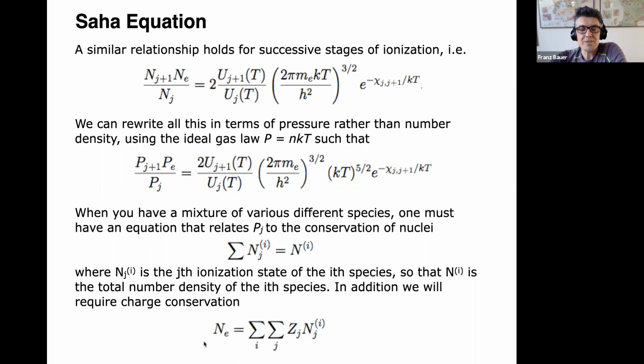And so the number of electrons, if originally you had conservation of charge, then the total number of electrons should be equal to this: the sum over all of the atomic numbers and all of the ionization states. And so ultimately the total NE and the total N should balance out to roughly neutral charge.